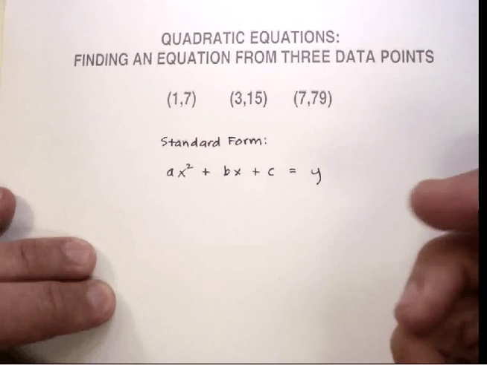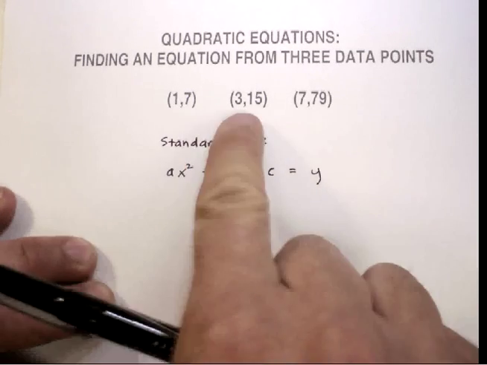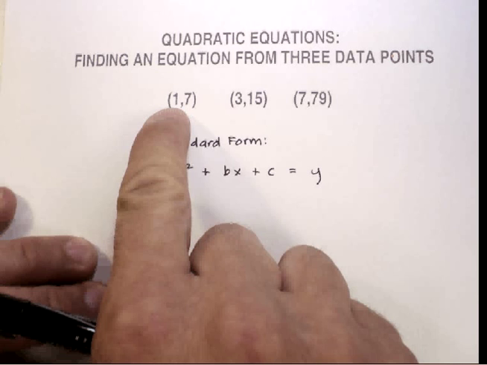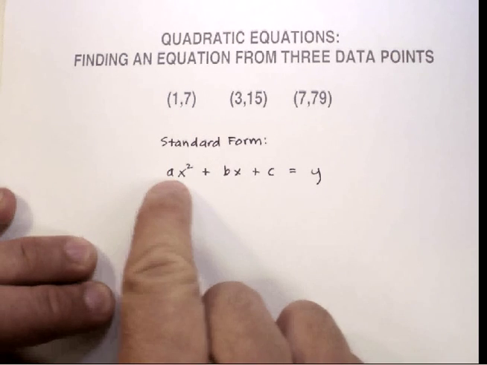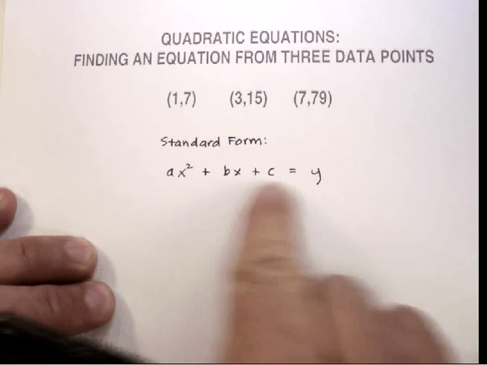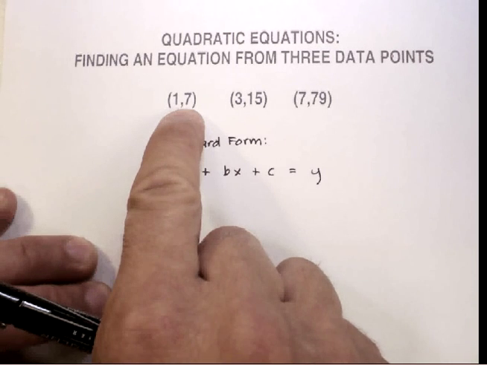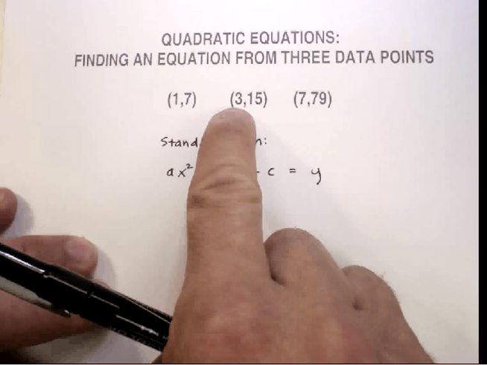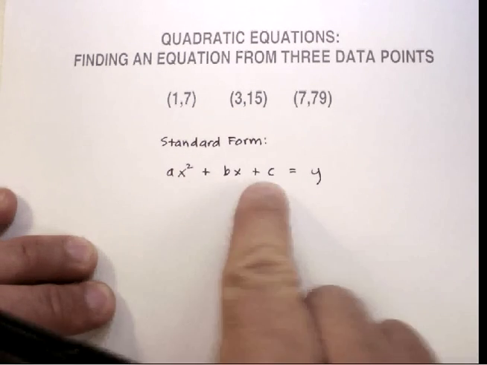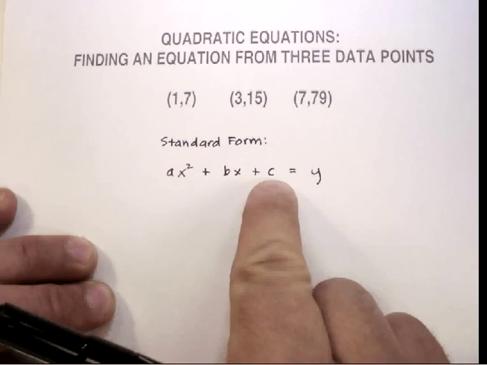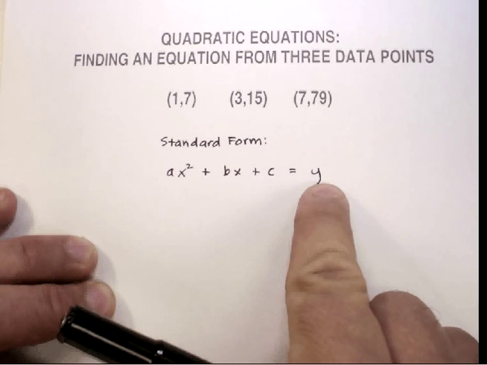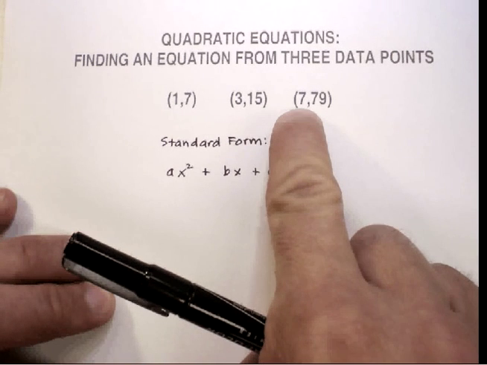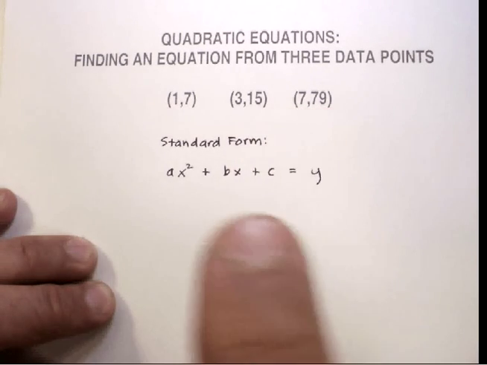Now, these three points are basically telling me that for this x, when I put it through the function part of the equation, I'm going to produce a y of 7. For this point, when I put in the x of 3 through the function part, I'm going to produce a y of 15. And when I put this x through that same equation, I'm going to produce a y of 79.